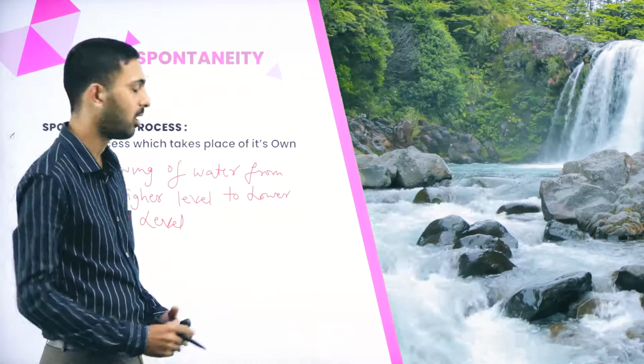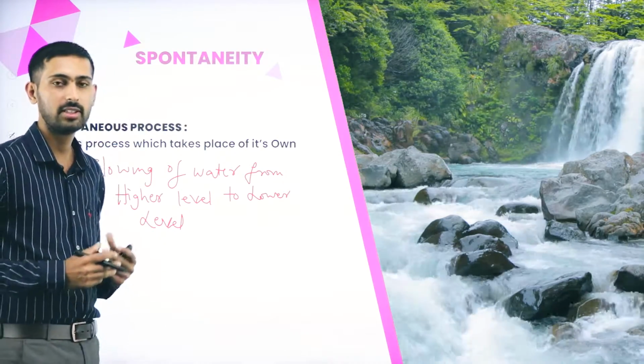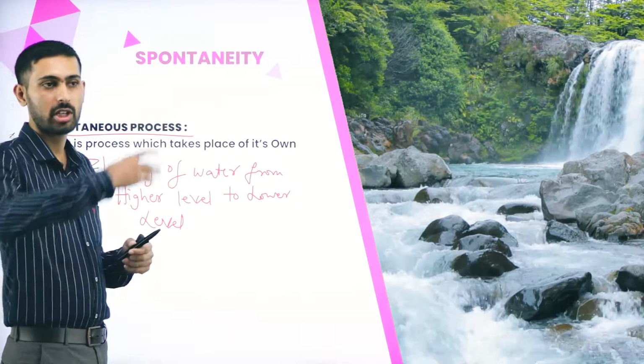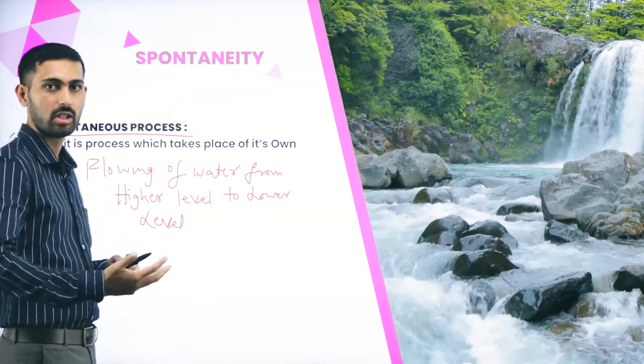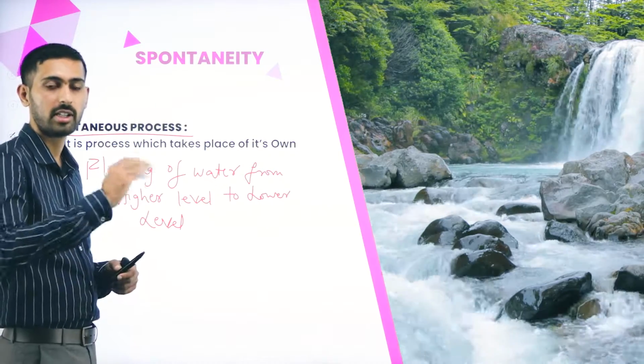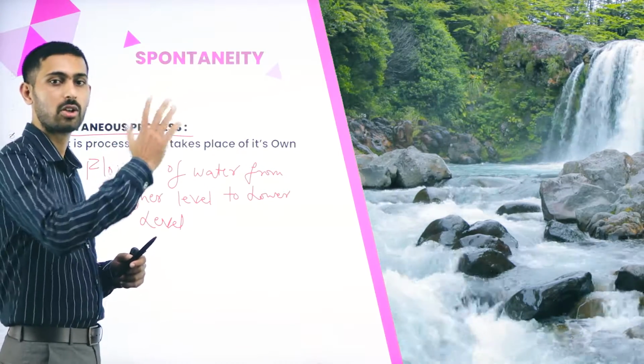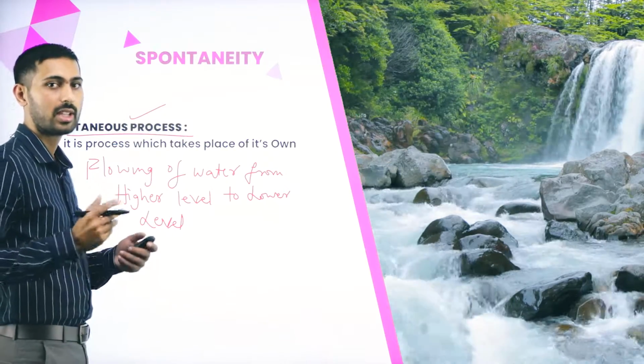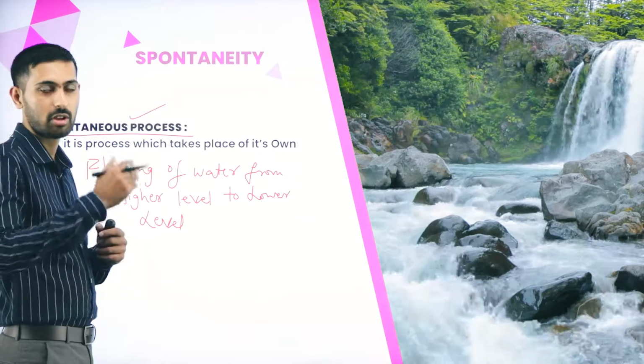This is an example of spontaneity as a process. Why is it called a spontaneous process? Because it takes place of its own. Flowing of water from higher level to lower level takes place, but it does not take place from lower level to higher level. So we can say that an example of a spontaneous process is waterfalls, flowing of water from higher level to lower level.